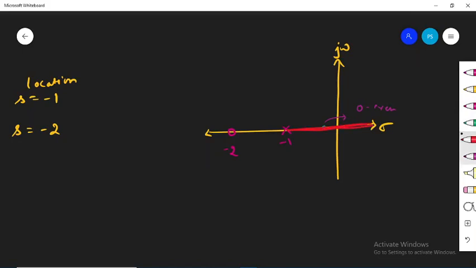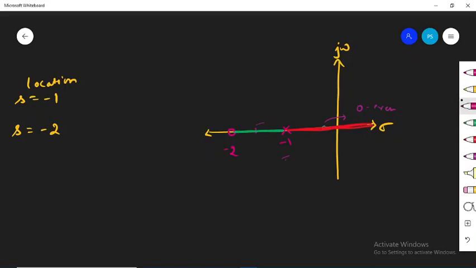Next, if I take a point over here, to the right of it we have got one pole, and if I take a point here also, to the right of it there is only one pole. One pole means an odd number, hence the root locus will lie in this zone. I'm marking it as green.